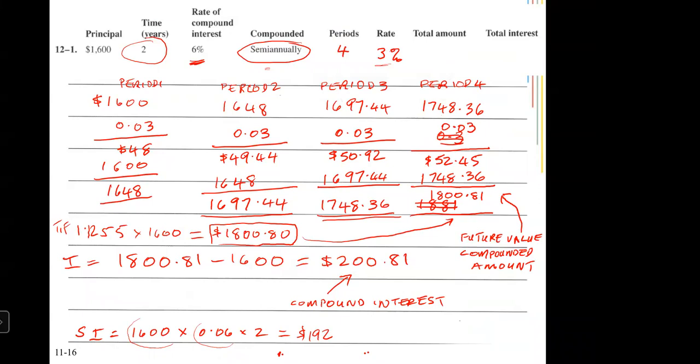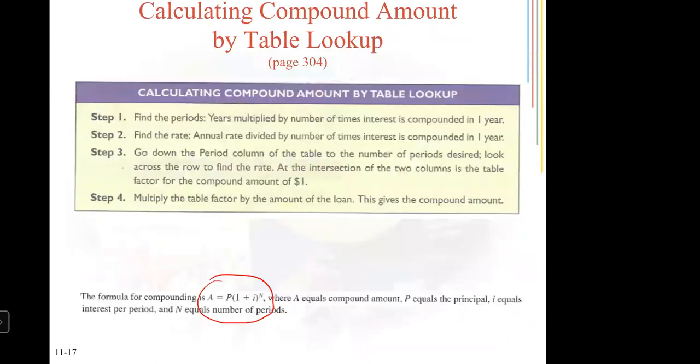Okay, so that's how we use the table. Now, if we were using the formula, let's look at the formula. The formula says A equals principal times (1 plus I) to the nth power.